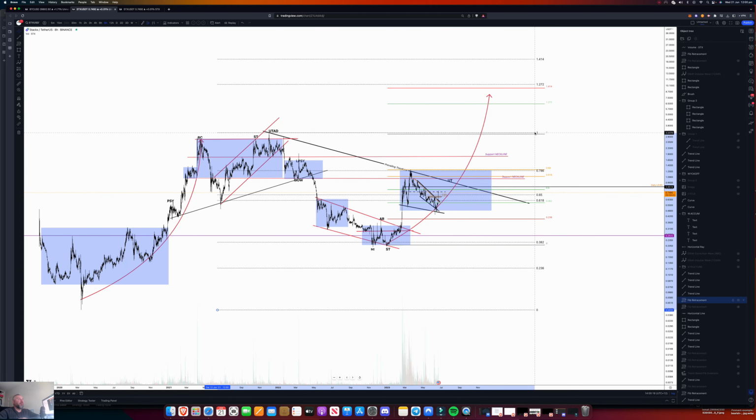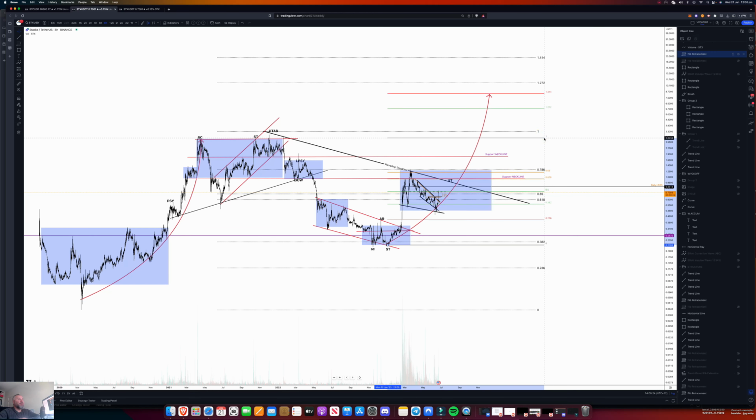If we were to put this up there, 786 perfectly there. I might just put this down here for a sec. Sort of explains this level here as well, the neckline. So that's a big macro. Do we have confluence? Yes, we do have a bit of confluence. 382, not quite.